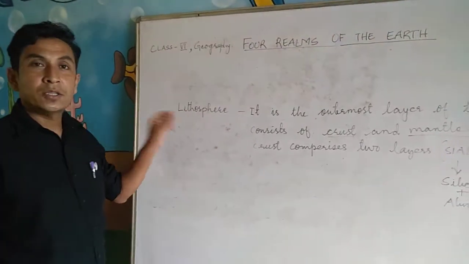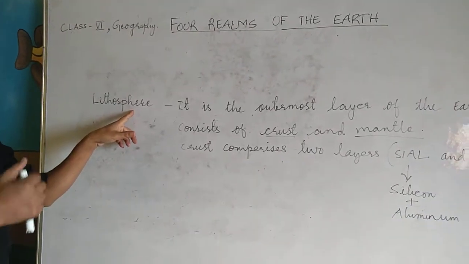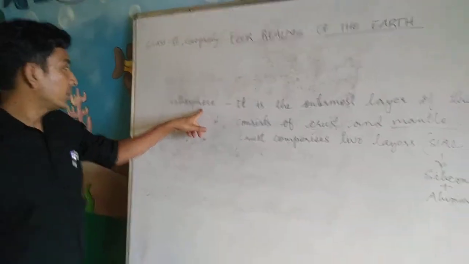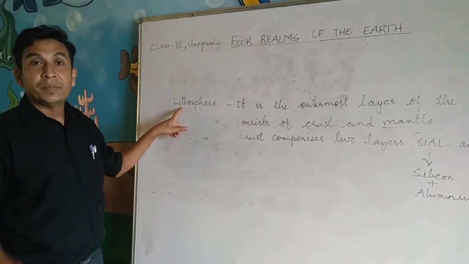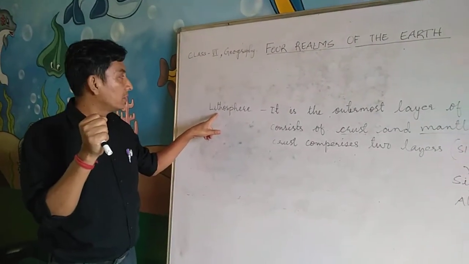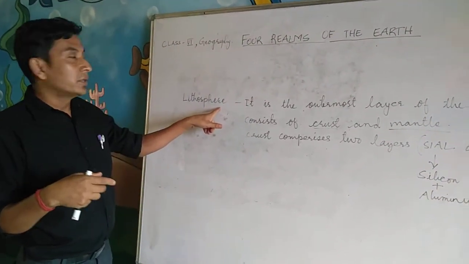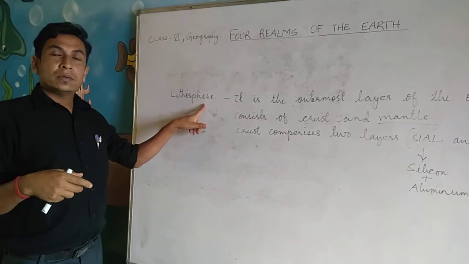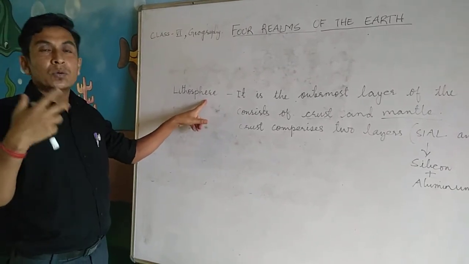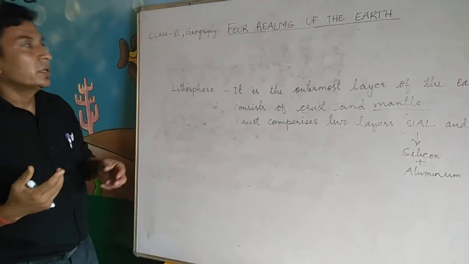First we have lithosphere. The word lithosphere has been derived from the Greek language. Litho means rock or solid material, and sphere is the part. Lithosphere means the outer solid layer, the outer part of the earth.